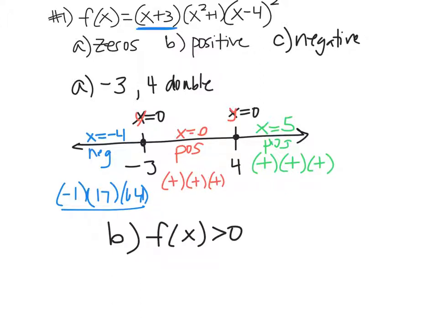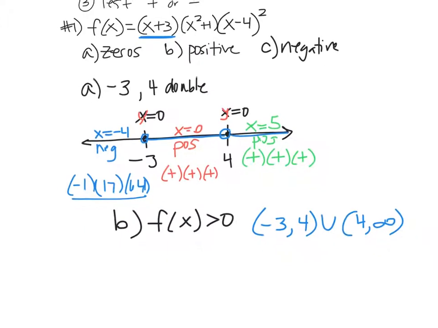So this graph is positive from -3 to 4, union 4 to infinity. You see that? It's positive in between -3 and 4. These are zeros. And then it's also positive from 4 to infinity. And that's the way you write it.